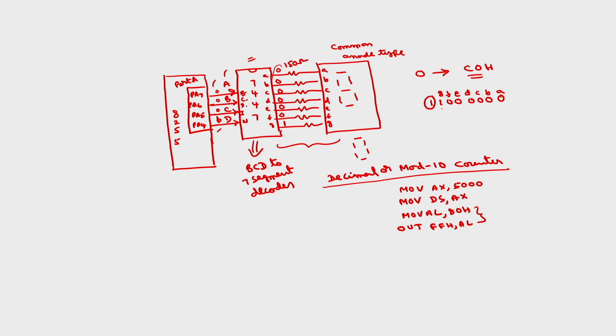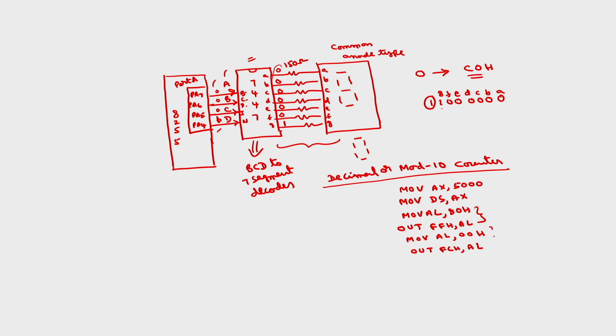Now, we have to display 0000 on the 7447, then 0001, 0010 and so on. So, I am taking move AL comma 00H, out, this is port A address FCH comma AL.